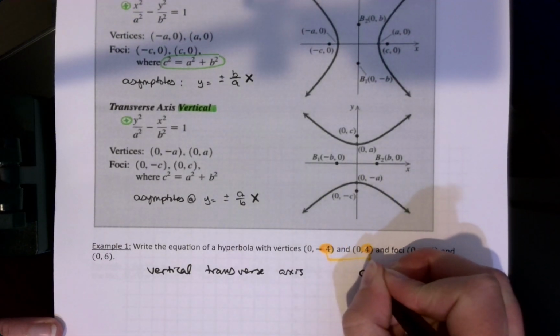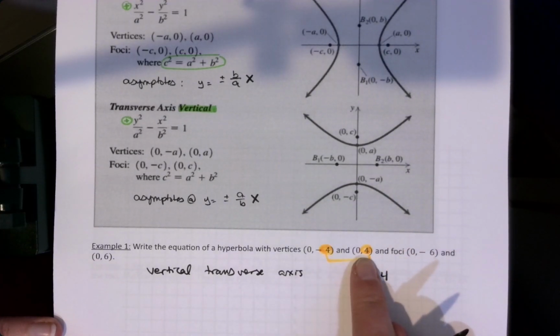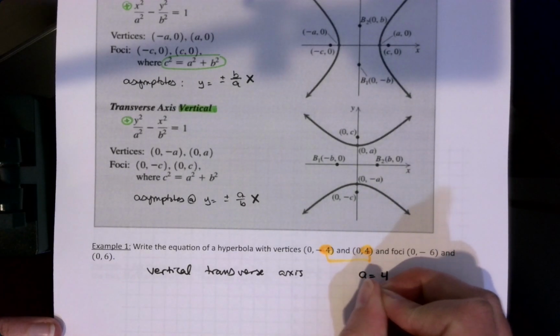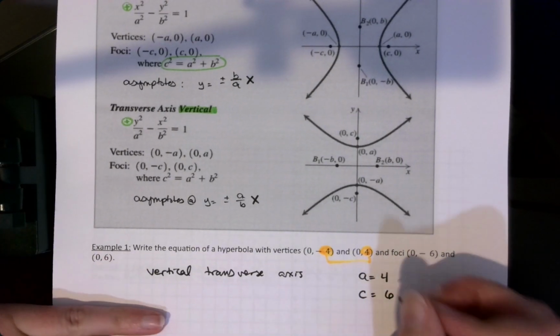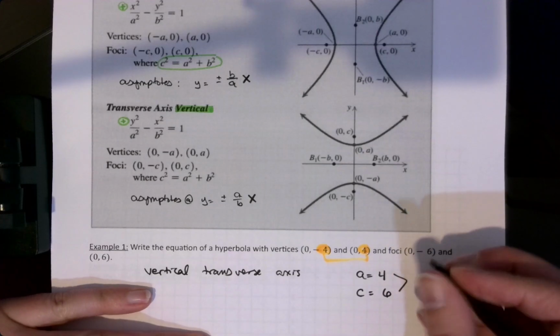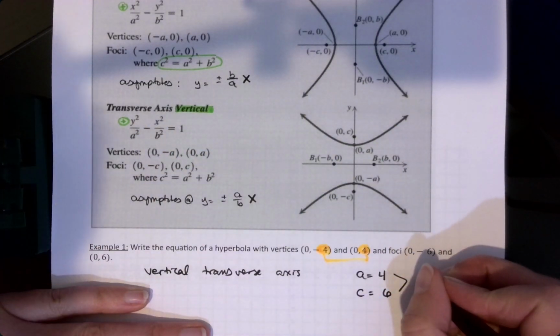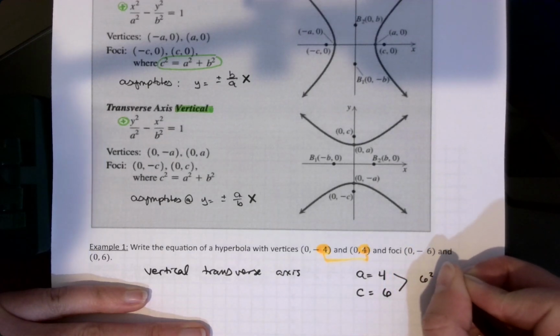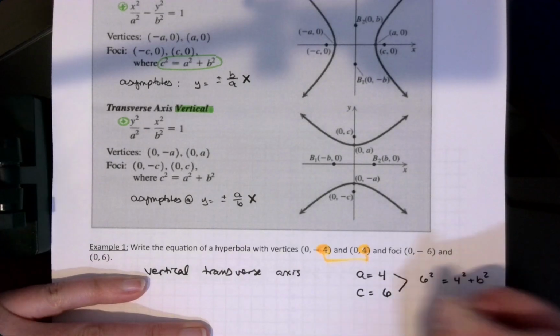So my a value here is going to be 4. 4 is the distance up and down that we went to find the vertices. And the c value is going to be 6, the distance up and down I went to get to the foci. From these, I can calculate the b value. I need to know both the a and b values to write my equation. c squared, so 6 squared, is equal to a squared, 4 squared, plus b squared.